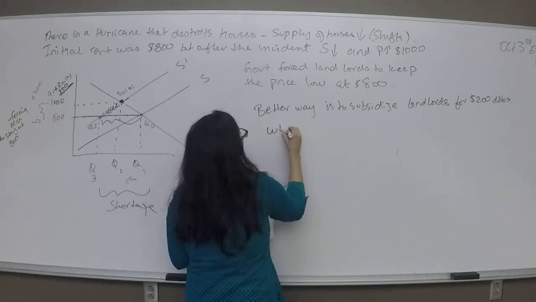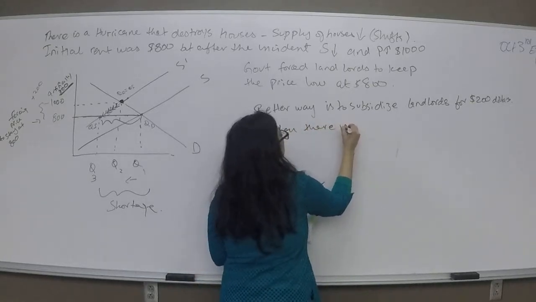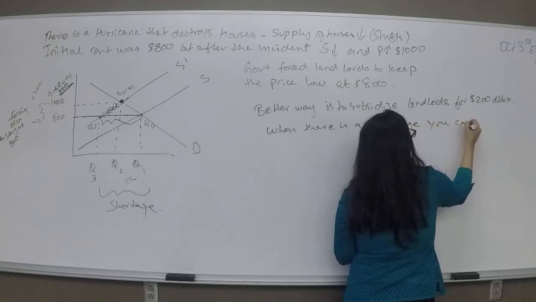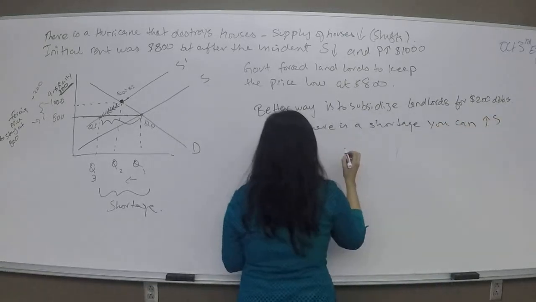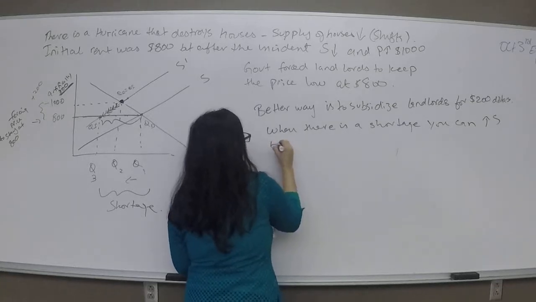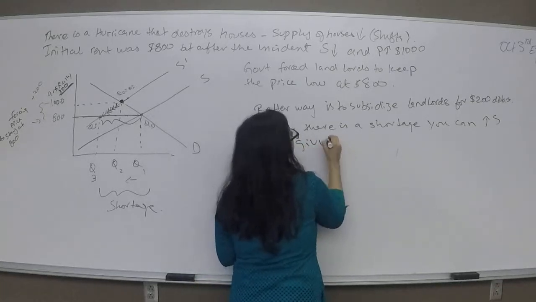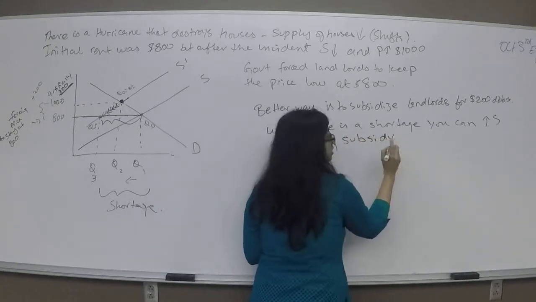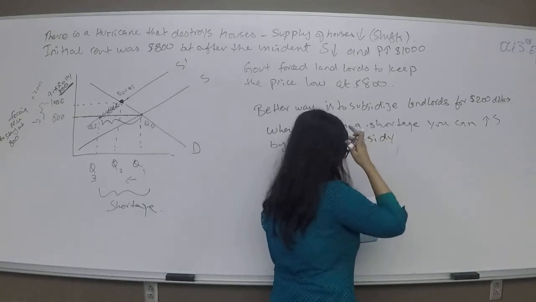When there is a shortage, you can increase supply by giving a subsidy. In this case, it was 200.